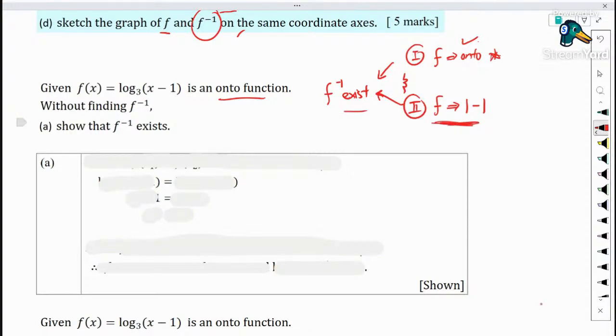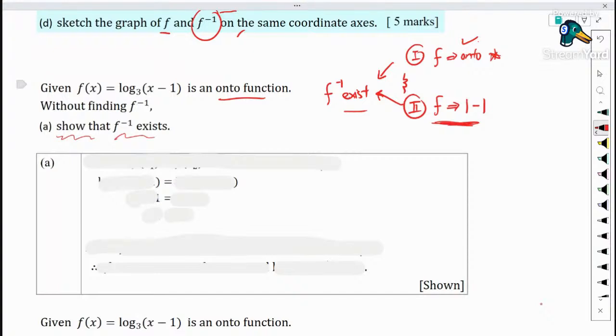And for sure, in this kind of show-that question, the f inverse exists is true. And now we want to show how it is true. So in here, I'm going to get this answer done by using algebraic methods only. Why not graphical?